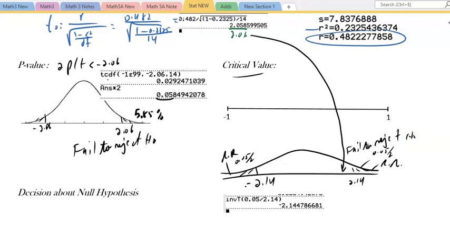Now we come to this r, this new business. I need to figure out the r region.